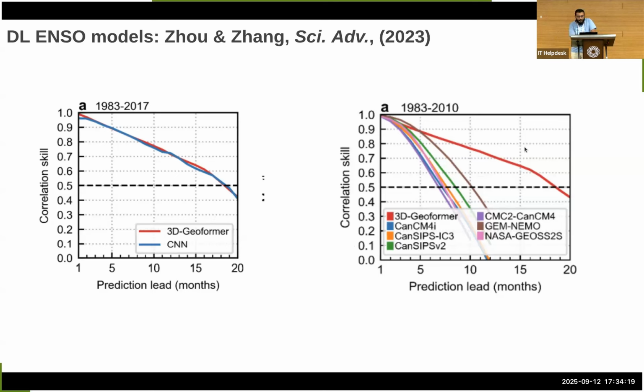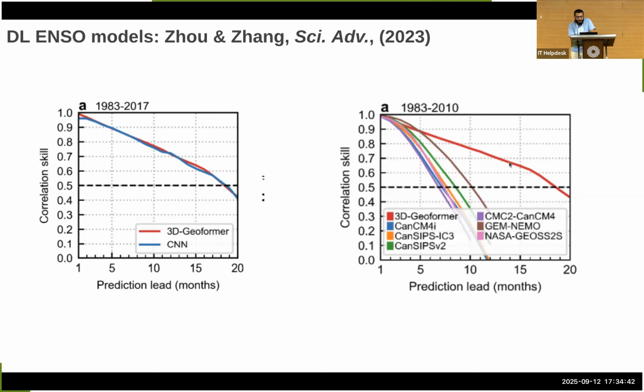And then they also compare their skill to other physics-based models. In particular, they take something called the NMME, the North American Multimodel Ensemble. It's a group of models that are typically used to study ENSO, for example.